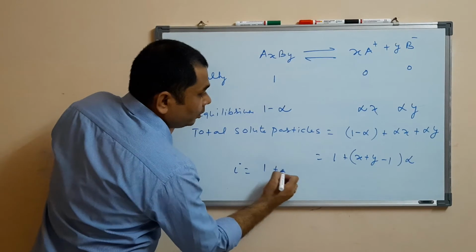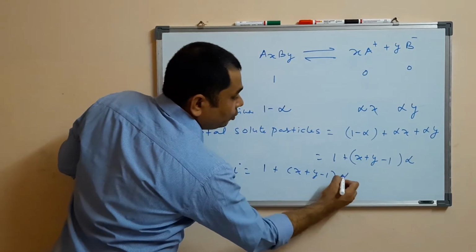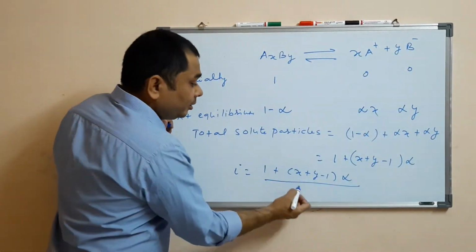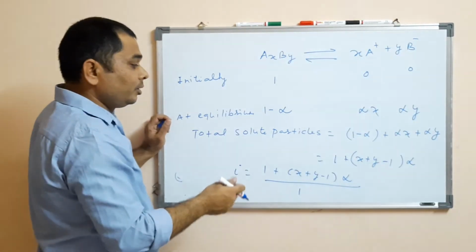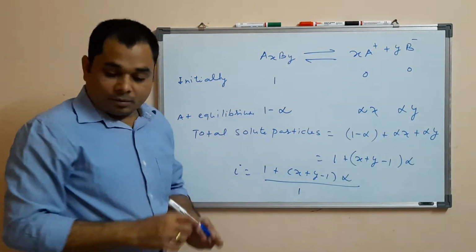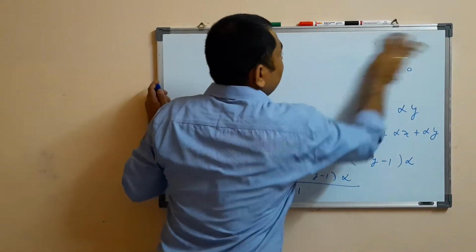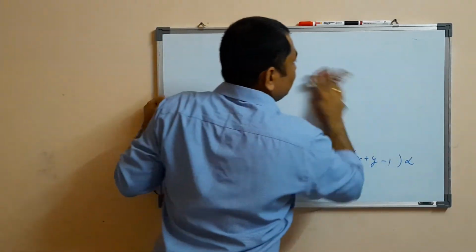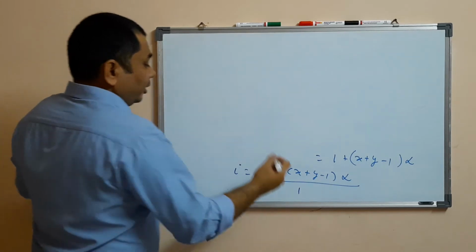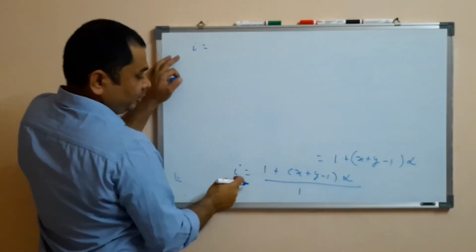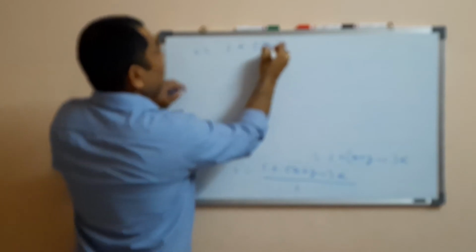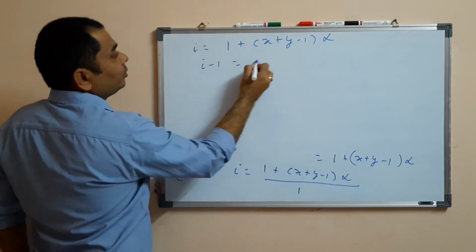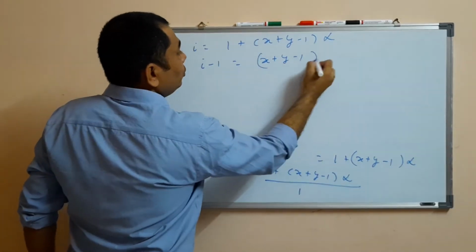So this is 1 plus x plus y minus 1 into alpha upon the number of particles which we had added, that is 1, क्योंकि एक ही हमने ऐड किया था. So therefore, see, i is equal to 1 plus x plus y minus 1 into alpha. इसको यहाँ ट्रांसफर कर दो. i minus 1 is equal to x plus y minus 1 into alpha.